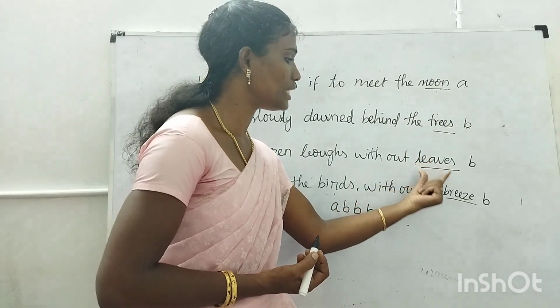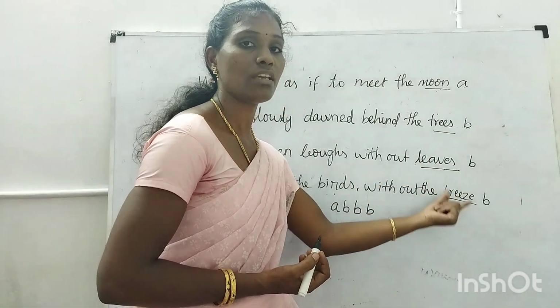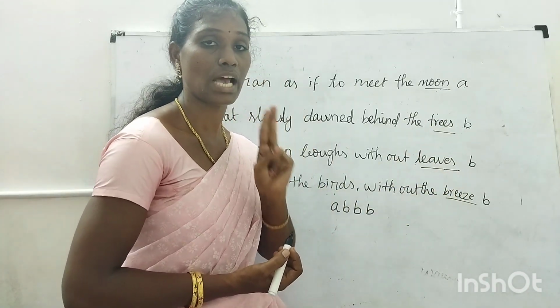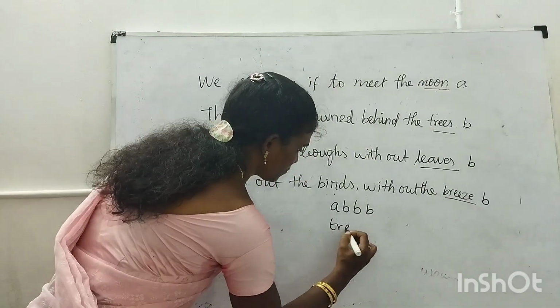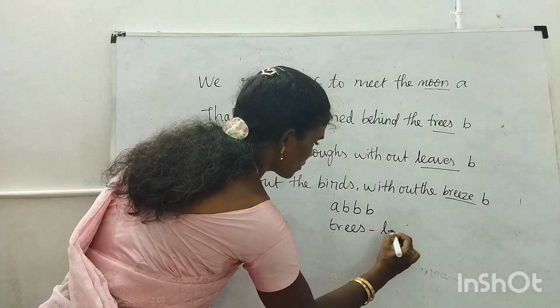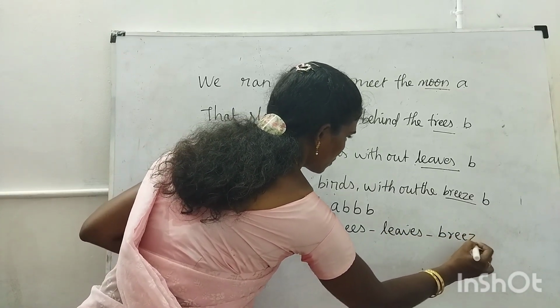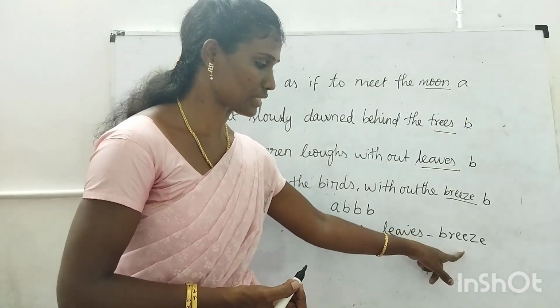Or else leaves and breeze have the same sound, so these are rhyming words. Or you can write all three words. Trees, leaves, breeze. Put a hyphen between each word and write the next word.